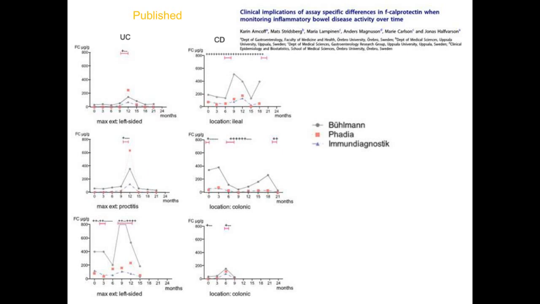The fCal kit did fairly well, but the polyclonal kit from Immundiagnostik didn't identify that. Same here. We identified the relapses, whereas the other kits didn't. And again, this is in Crohn's disease, similar results. Here are the relapses. Here, very little movement in the competitors' kits, because we have a very strong spike at each relapse, like you can see here, and also down here.